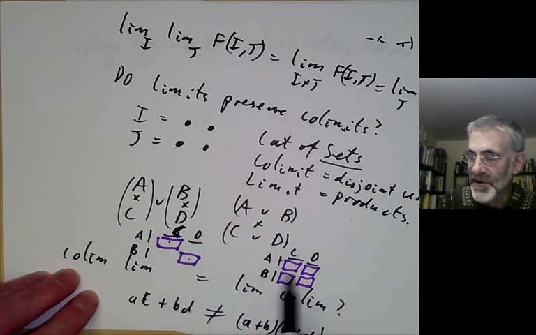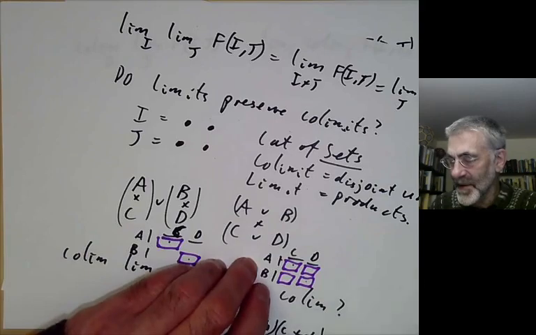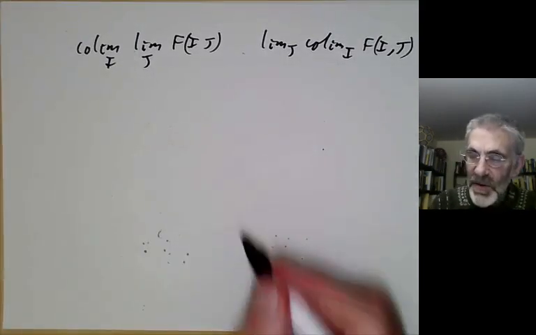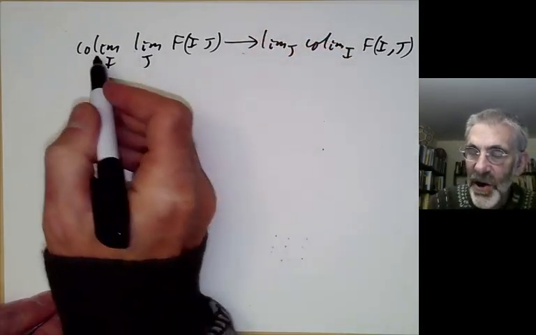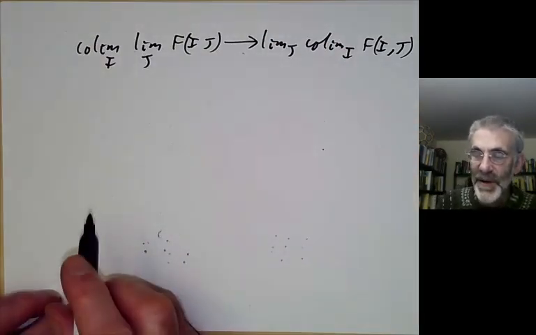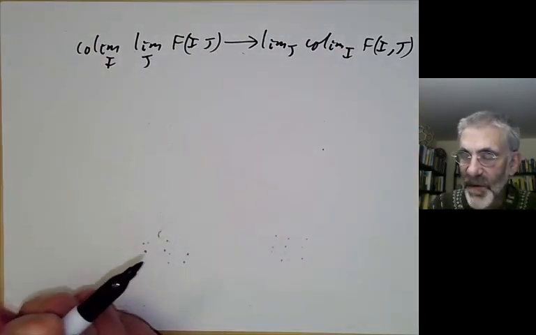You can just map these 2 rectangles to these 2 rectangles. And in general, there's always a natural map from the colimit of the limit to the limit of the colimit, which need not be an isomorphism.